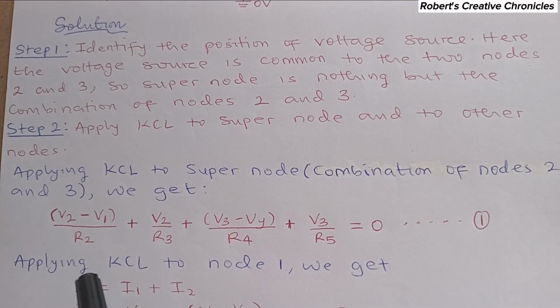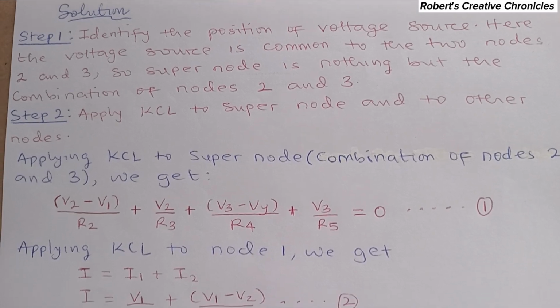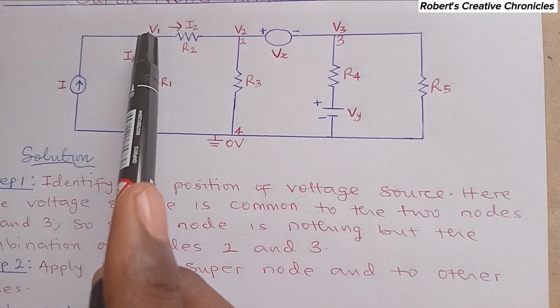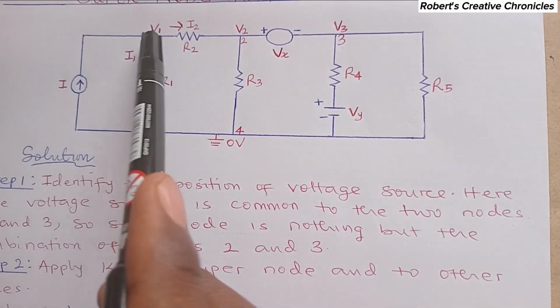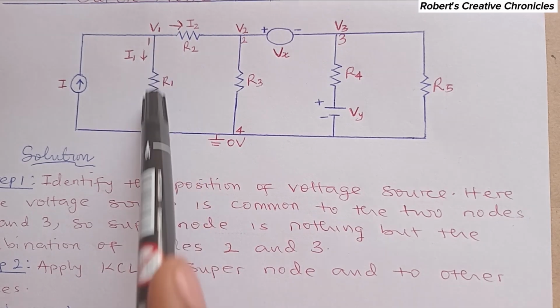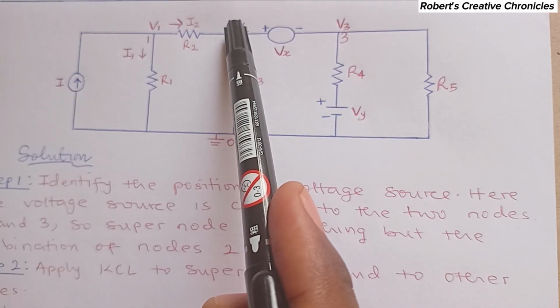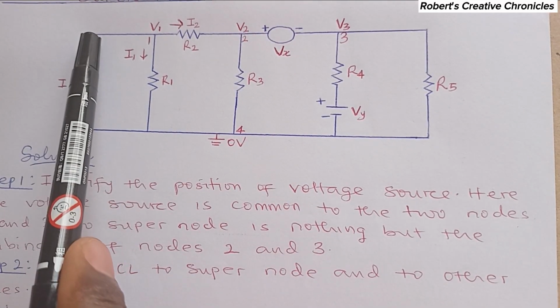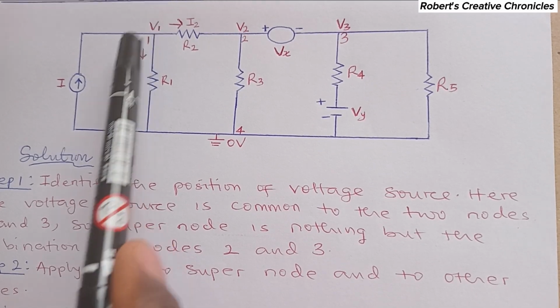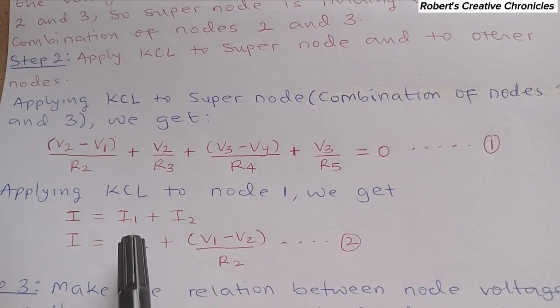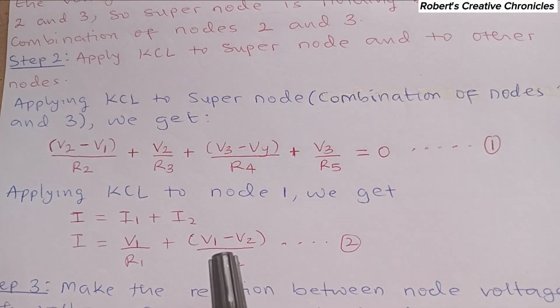Next, we apply KCL to node 1. This is the normal node analysis. When the current I enters this node, it divides: a portion enters R1, and a portion enters R2. Applying KCL at this point, I equals I1 plus I2.